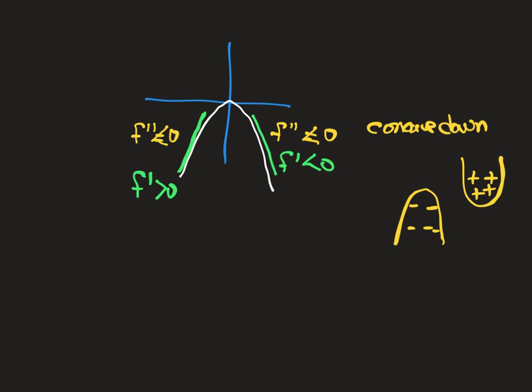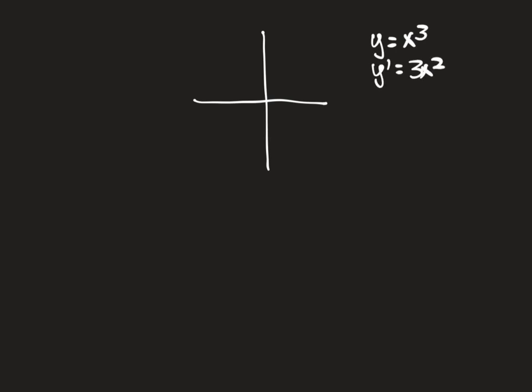And then for a good one with an inflection point, that would be something like y equals x cubed. So the first derivative equals 3x squared, which is a parabola, right? The second derivative is 2 times 3, which is 6x, and that's a line like that, right?